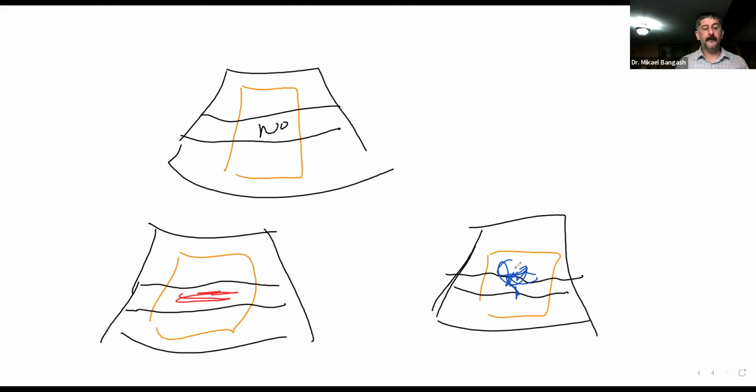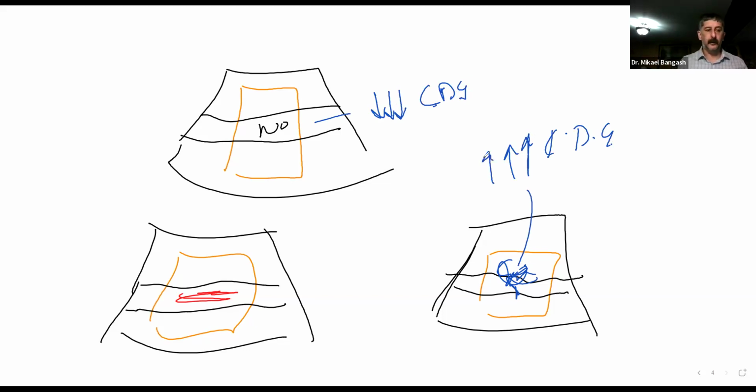So the reason is the same. Why did you get graffiti effect? Mainly because of too high color Doppler gain. Why didn't we have any color? Too low color Doppler gain. And how do we get the color? Just the right color Doppler gain.